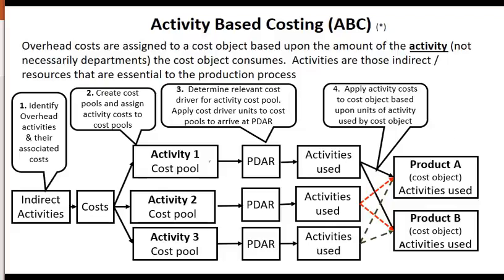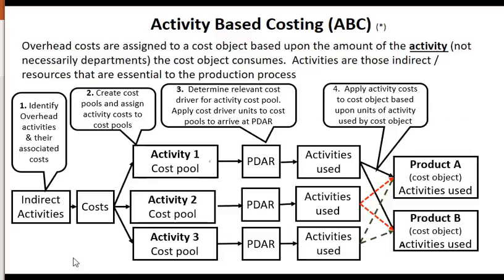If that activity has to exist, it should be paid for by the product or the cost objects that are actually using that activity. If you think about it, under both our single cost method and our departmental cost method, in some cases you can see where some cost objects may be paying for activities they don't even necessarily use.